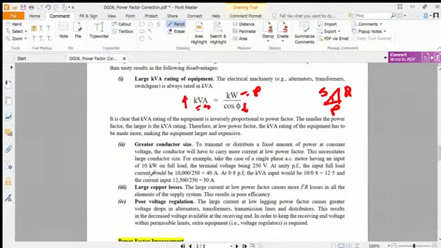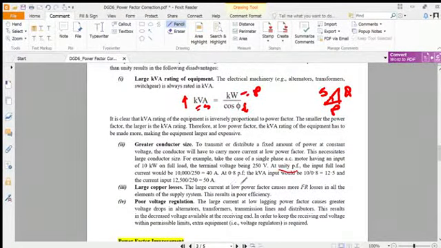It's a 10 kilowatt load and the voltage is 250 volt. This is the line voltage. At unity power factor, when the power factor is 1, we divide volt ampere by volt and we get 40 ampere.